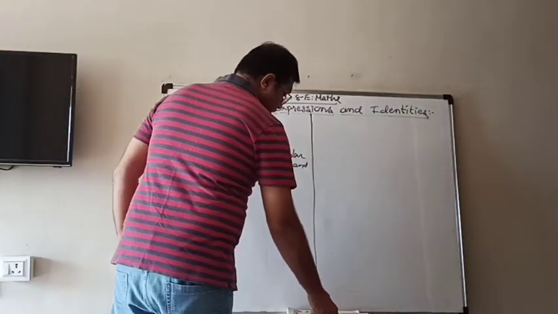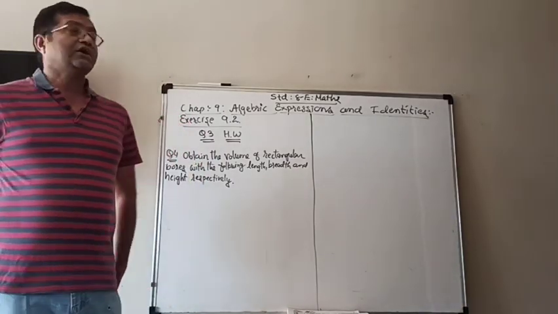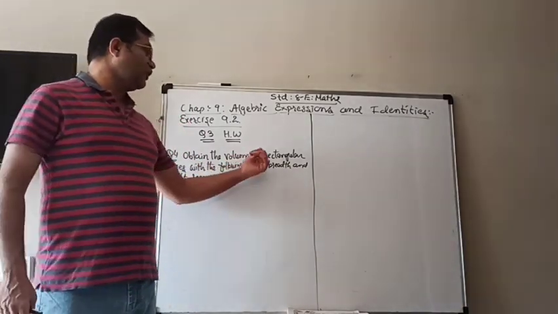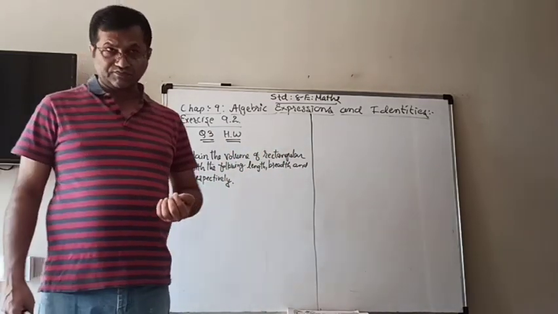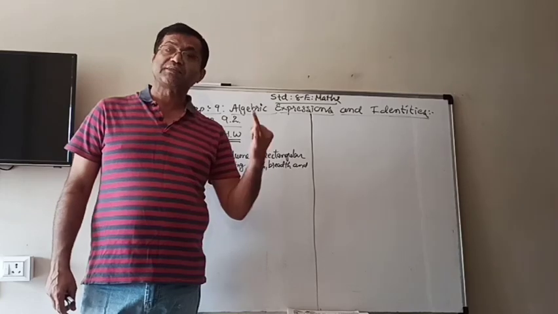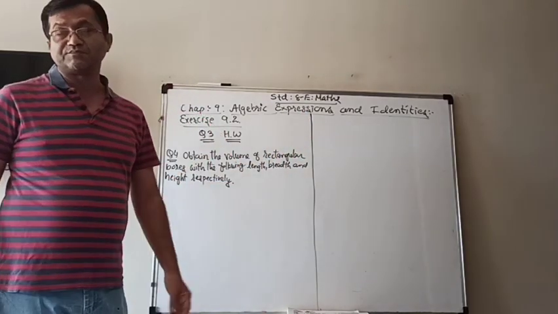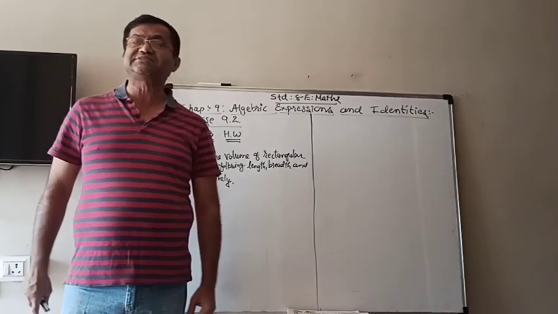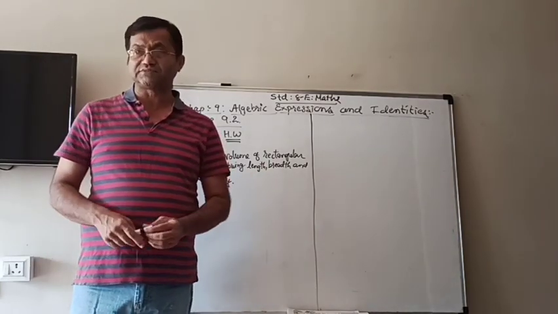Now let's take question number 4, in which we obtain the volume of rectangular boxes with lengths, breadths and heights respectively. The three measurements are given in the form of monomials.